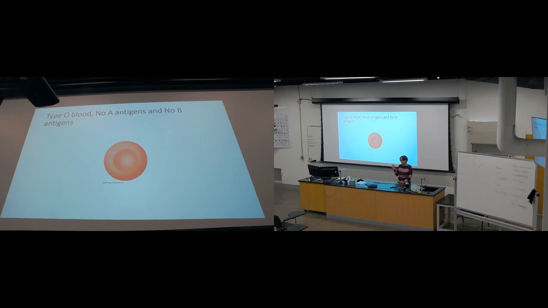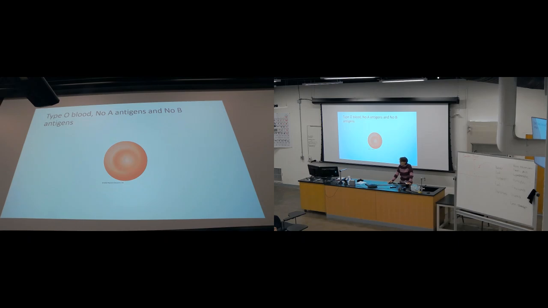So 4. Now, if you combine the RH, which is D antigen, that will be 8 different types: A positive, A negative, B positive, B negative, AB positive, AB negative, O positive, and O negative. So those are the major blood types that humans have.